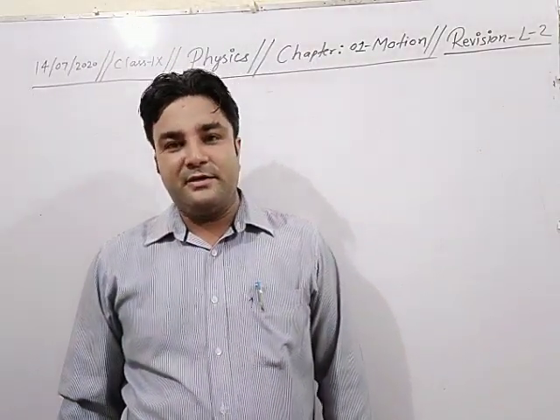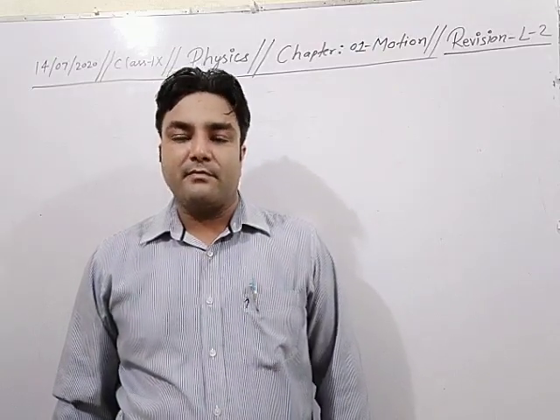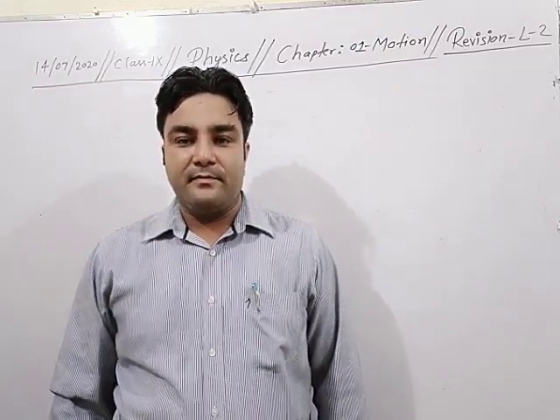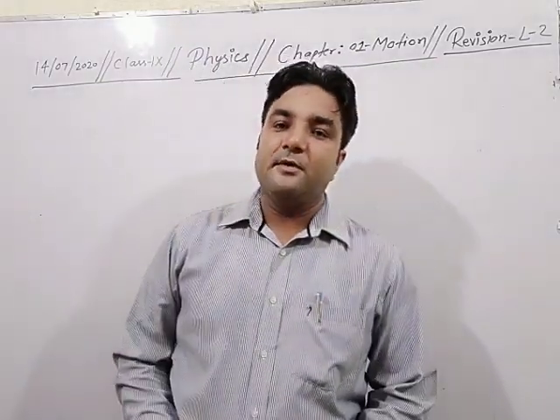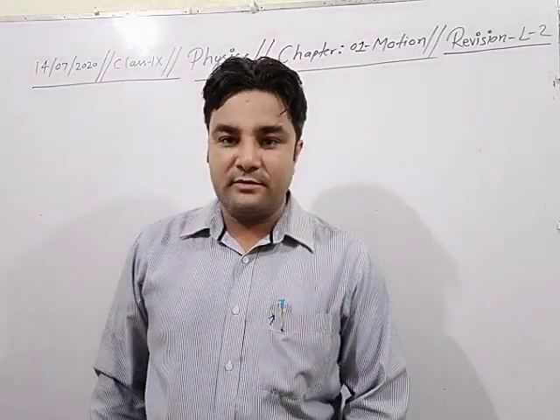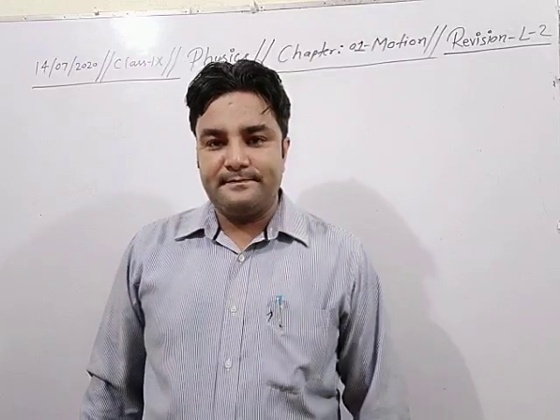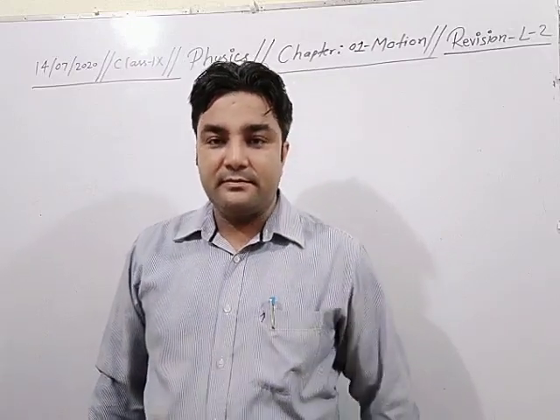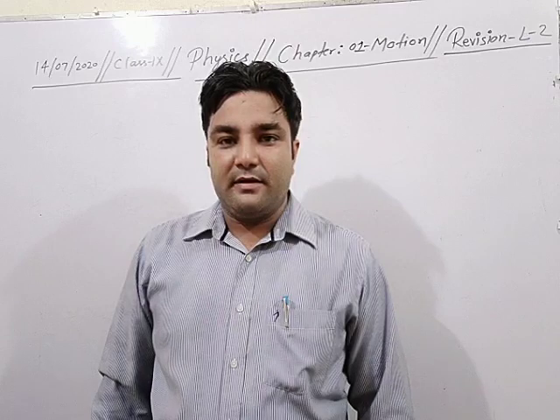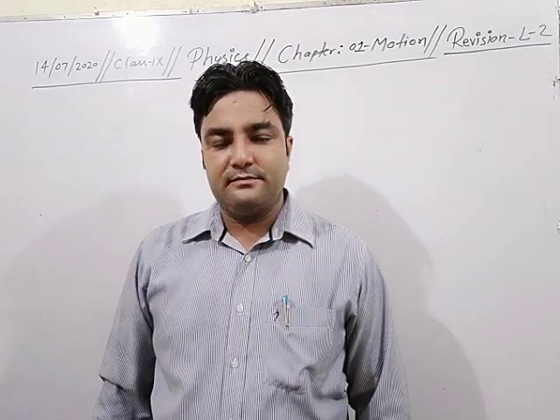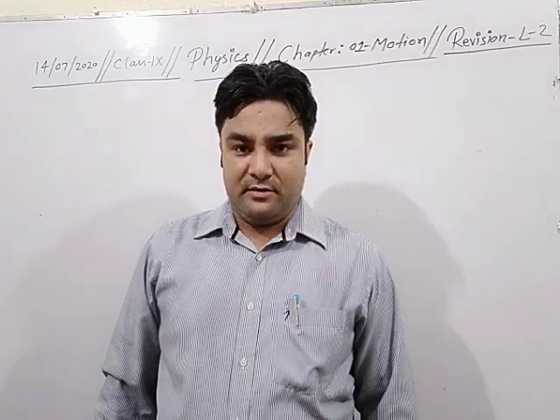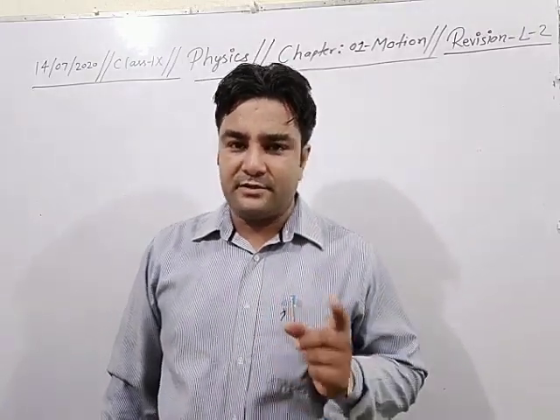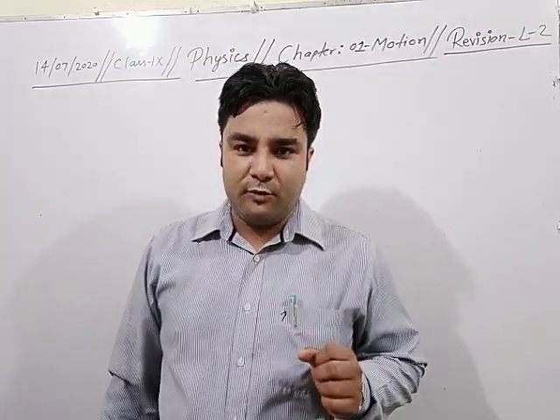This is the second revision lecture for class 9 physics related to the first chapter, motion. In this lecture today we will discuss a few more terms that are very important, and with the help of these terms we can derive the formulas for the equations of motion. First, v is equal to u plus at.